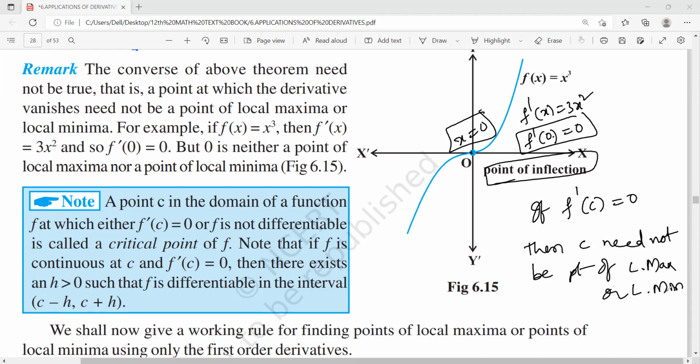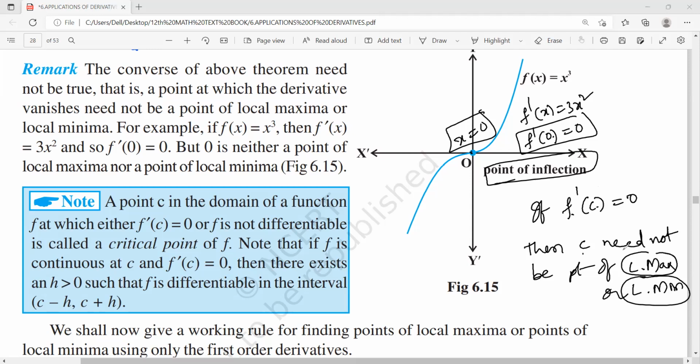In the previous one we discussed that if c is a point of local maxima or local minima, then f dash of c is 0 or another possibility exists. Now what we are discussing is that f dash of c equal to 0 doesn't mean that c is a point of local maxima or local minima. f dash of c equal to 0 means c can be a point of inflection.